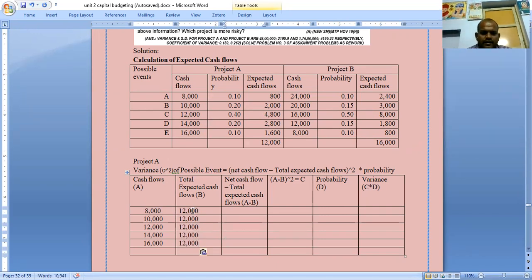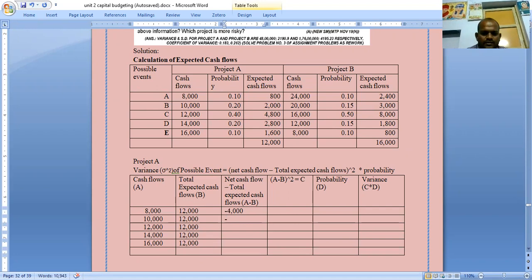So net cash flows minus total expected cash flows: 8,000 minus 12,000, that is minus 4,000.